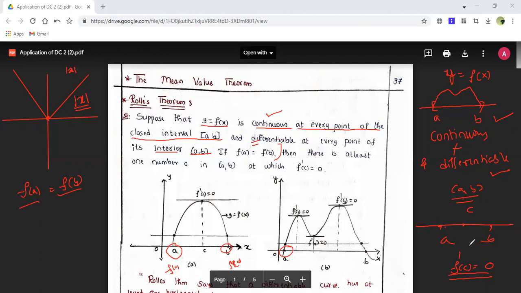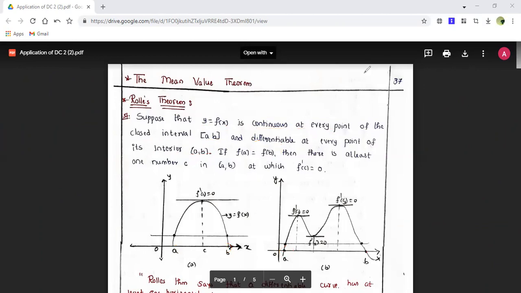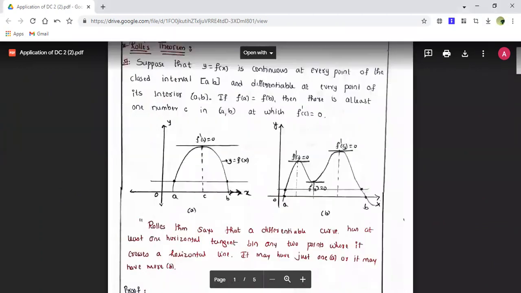So let's understand what Rolle's theorem is trying to say geometrically. If I take the graphical meaning of it, you can see here that I have drawn two graphs. In the first graph, this is our function y is equal to f of x.